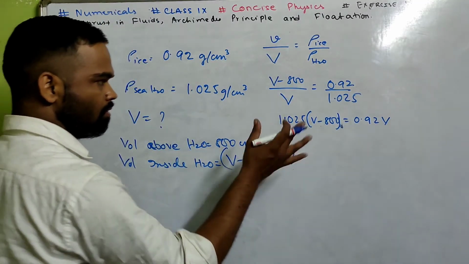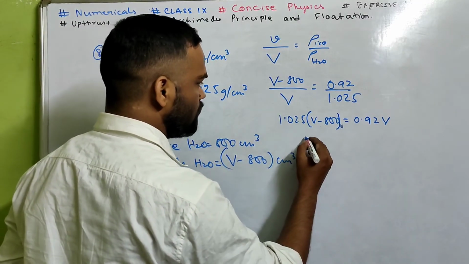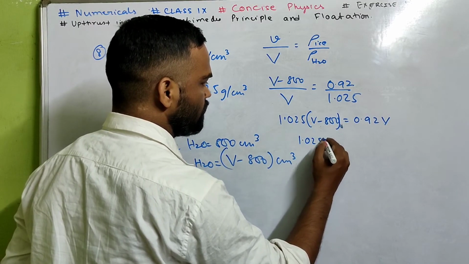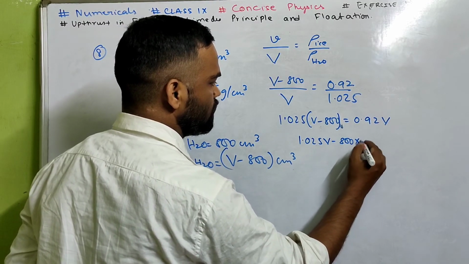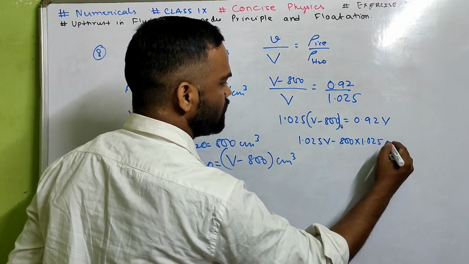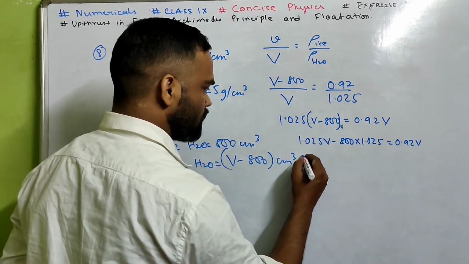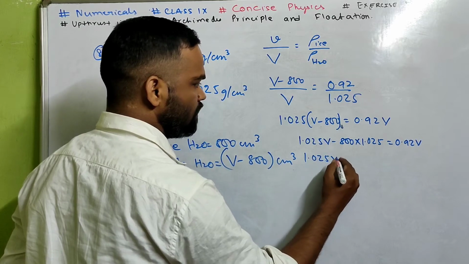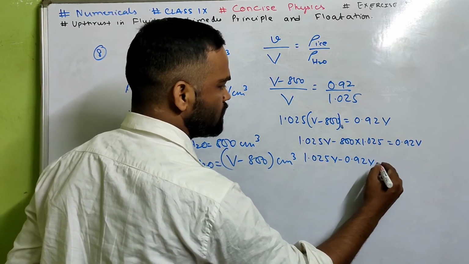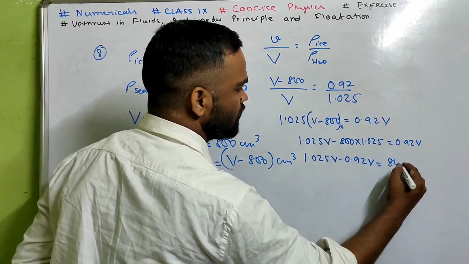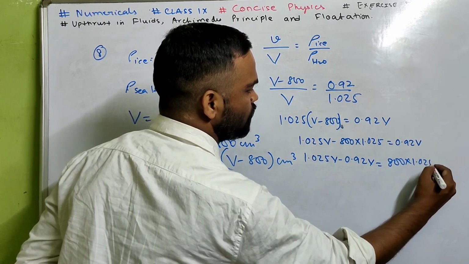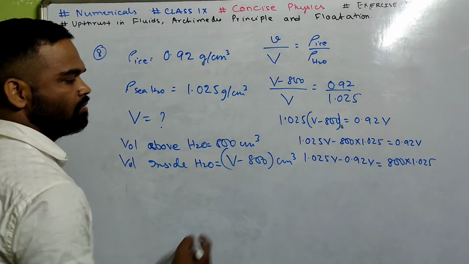Yes or no? Open the bracket. So 1.025 V minus 800 into 1.025 is equal to 0.92 V. Now this we can write as 1.025 V minus 0.92 V is equal to 800 multiplied by 1.025. Yes or no?